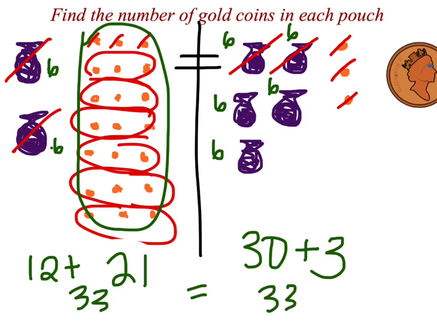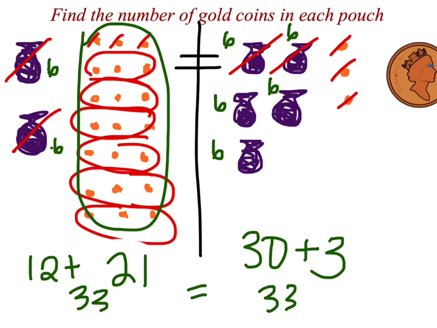So what we have done today is taken the idea of coins representing the number 1 and pouches representing a variable such as x to determine what each value of the variable was. So in this case, what the pouches were worth, how many coins were in the pouch. We subtracted the smallest number of coins from both sides of the equation to maintain equality.